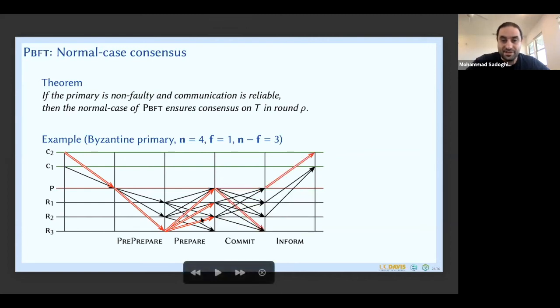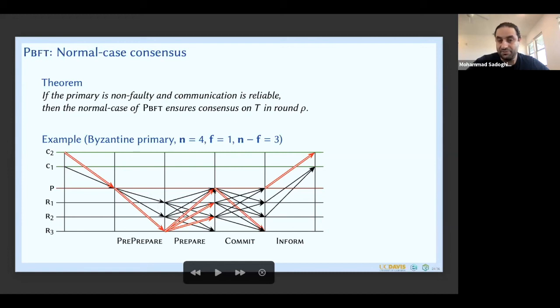So in this case, the only malicious thing that the primary is doing is sending a different message to R3. But still, for example, R1 is getting the prepare message for the client message, for the black message, from P, R1, and R2.